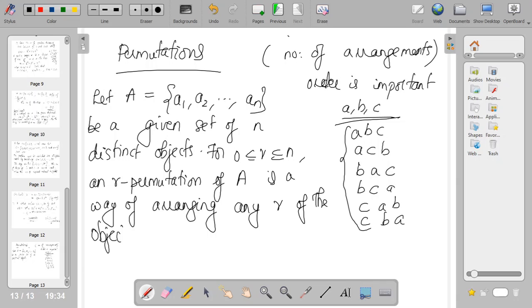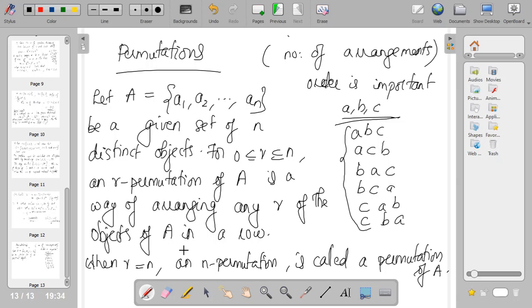So an n permutation is called a permutation of A. So when you simply say a permutation of A, that means it is the n permutation, and by r permutation you mean the number of different ways of arranging any r objects out of n objects given. So that is the permutations.